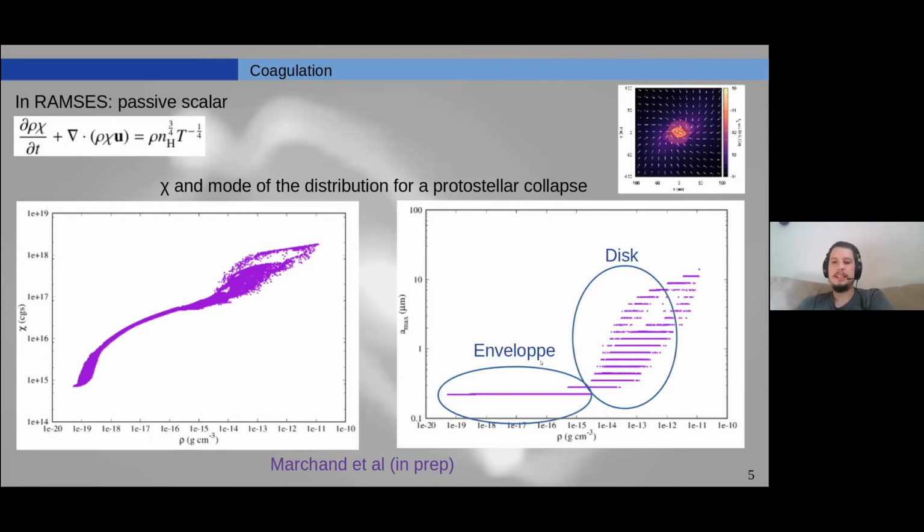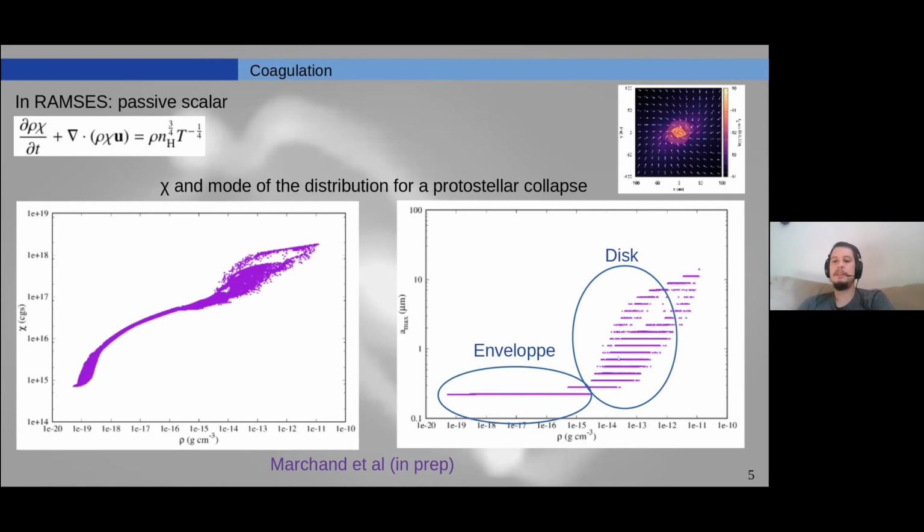What we see is that in the envelope of the collapsing star, the coagulation is fairly negligible. The grains don't grow that much, and all the growth happens at the highest density, in the disk, which is a very early disk, less than 1,000 years old.